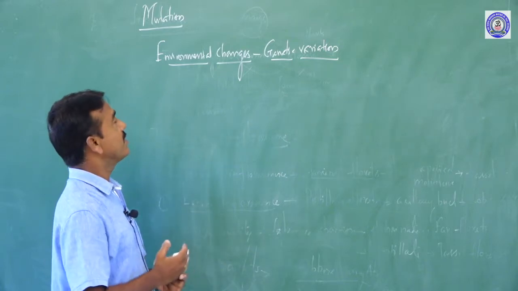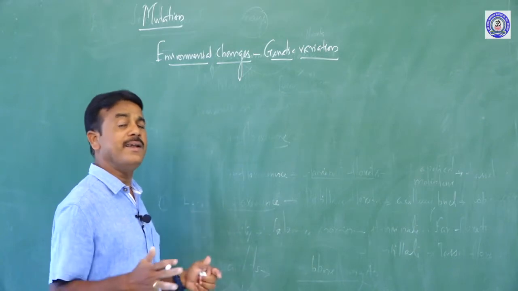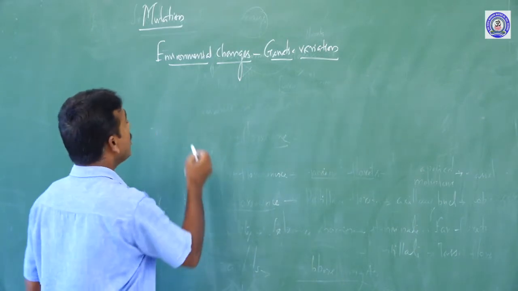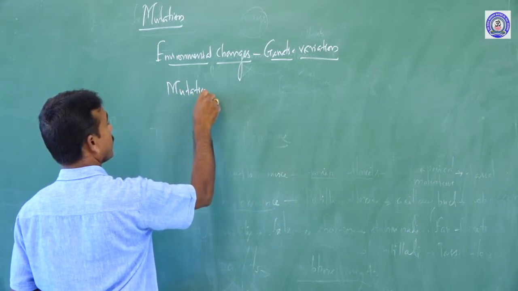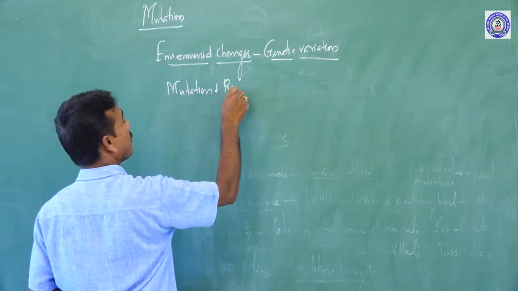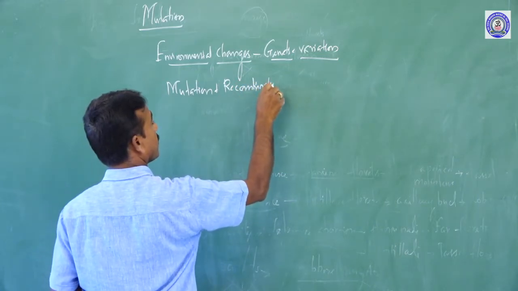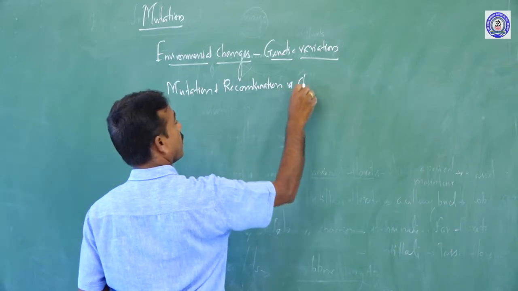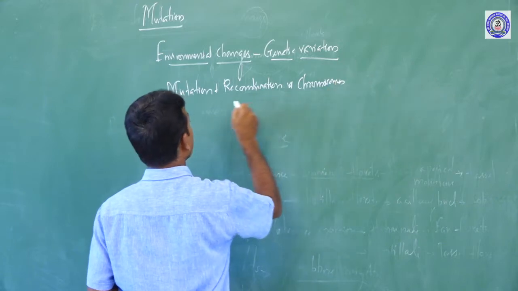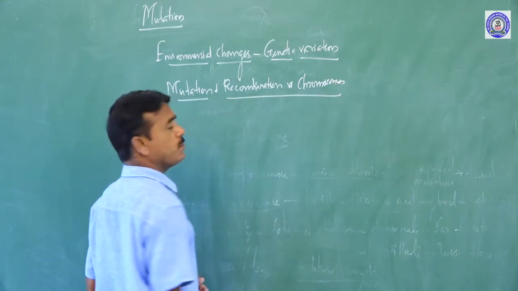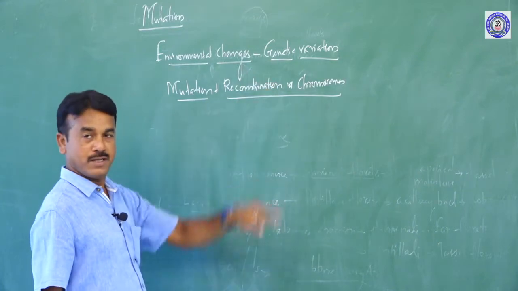For genetic variation and environmental changes, what is highly accompanied is commonly called as mutation and recombination of chromosome. Those two important processes are mainly involved in genetic variation.